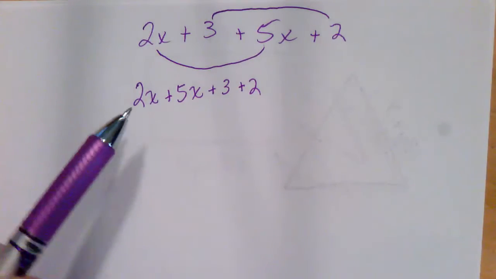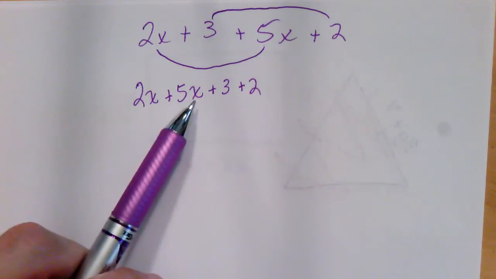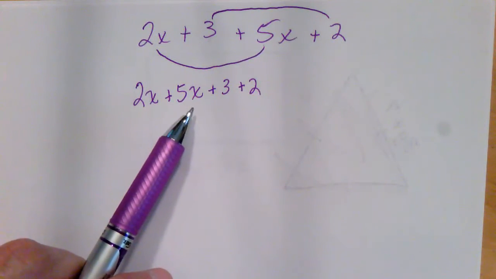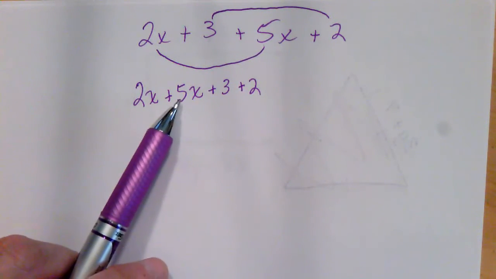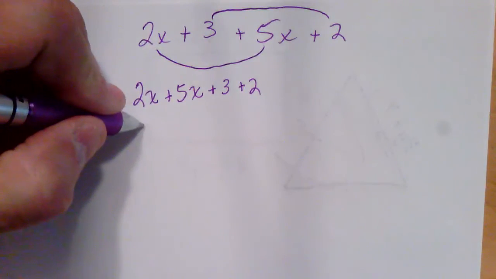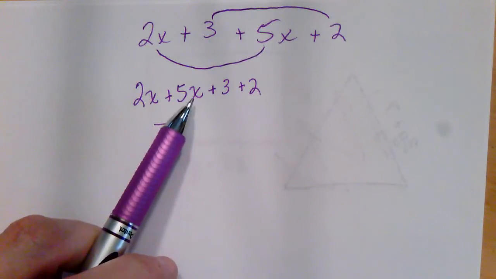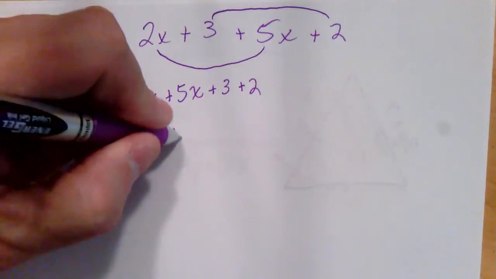So we've got these rewritten, now we can combine them. 2x plus 5x. Remember, when we combine like terms, we add, in this case, the coefficients, which are 2 and 5. 2 plus 5 is 7. And then we just rewrite the variable and its exponent.